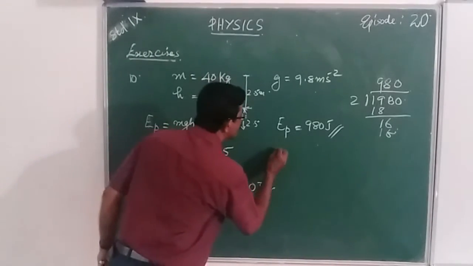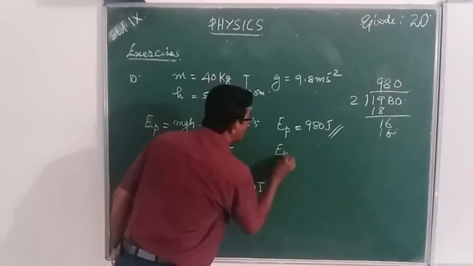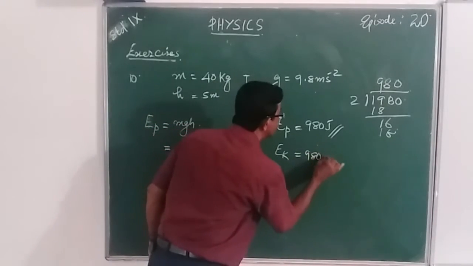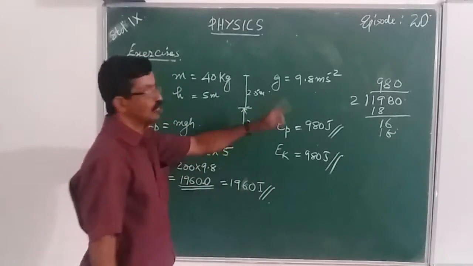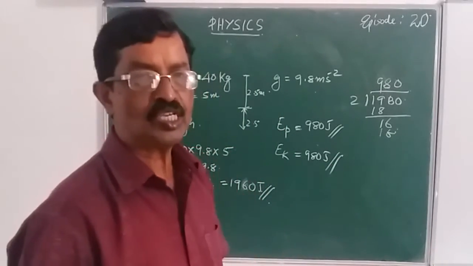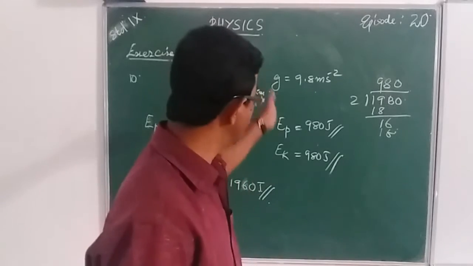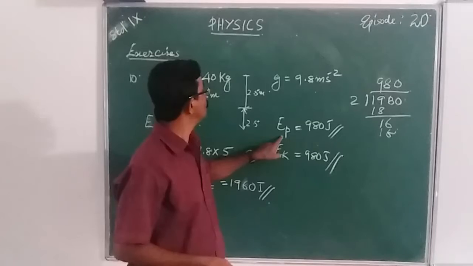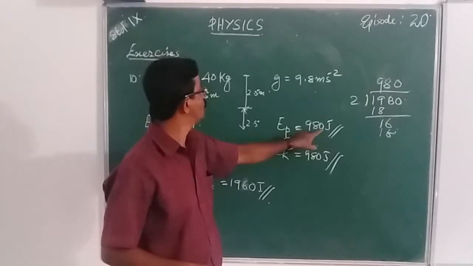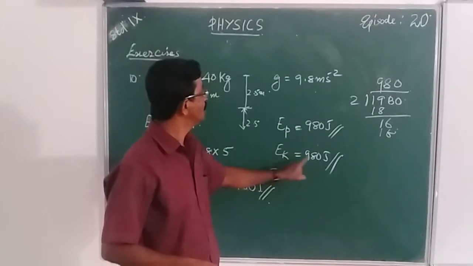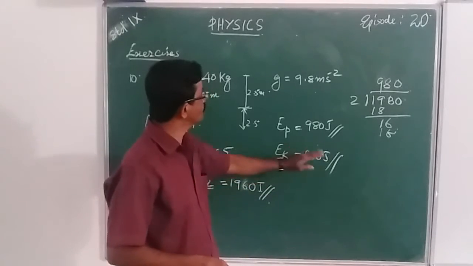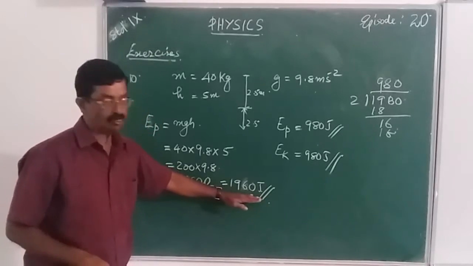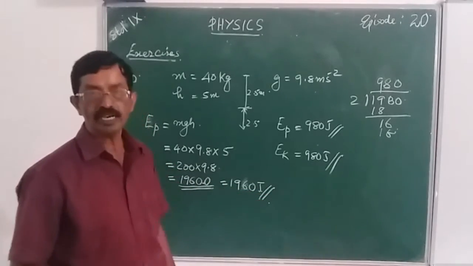So the kinetic energy at the half height is equal to 980 joule, because the total energy remains constant. Hence the potential energy at the half height is 980 joule and the kinetic energy also becomes 980 joule, but the total energy is the same as before, 1960 joule itself.